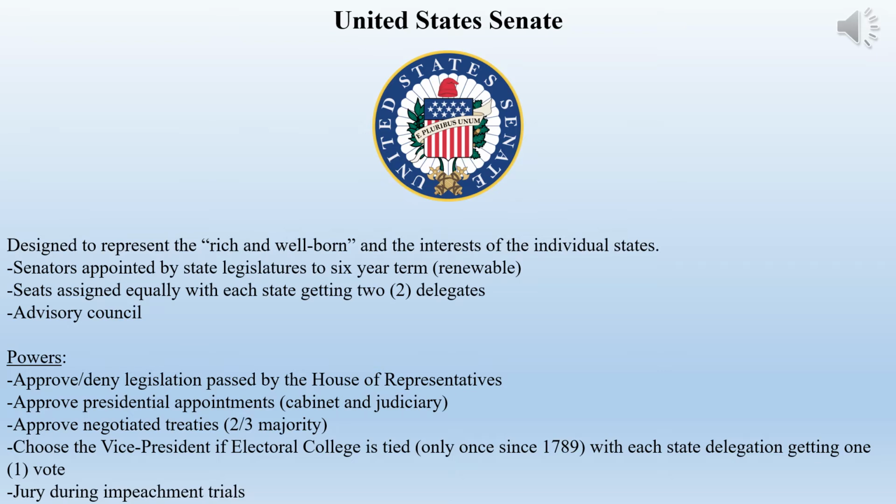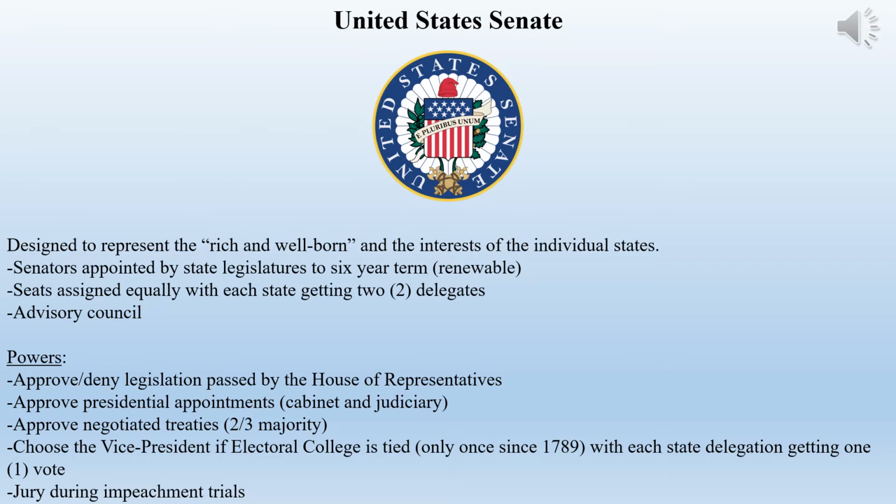If it's 66 votes for conviction, even though that's more than 50%, that is not enough to convict and remove, and the person is acquitted. This has happened all 3 times in American history.